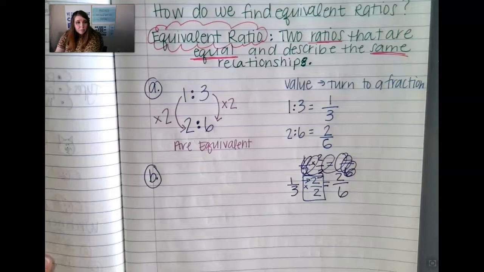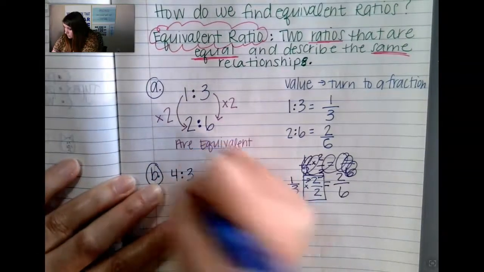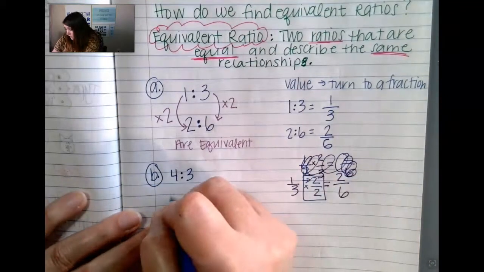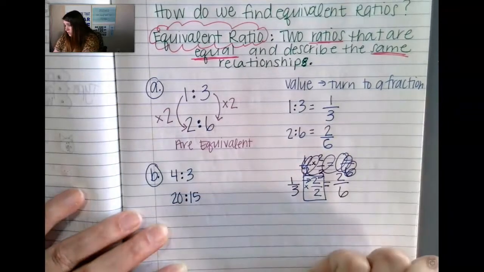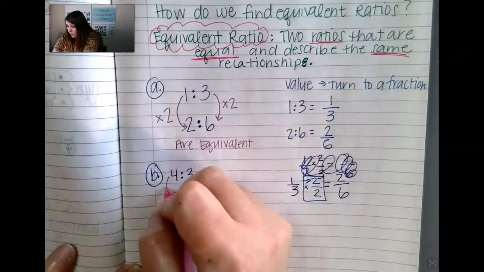Okay, example B says 4 to 3 and 20 to 15. So here's our two ratios. Again, you can solve this two different ways. So first, we can multiply or divide.